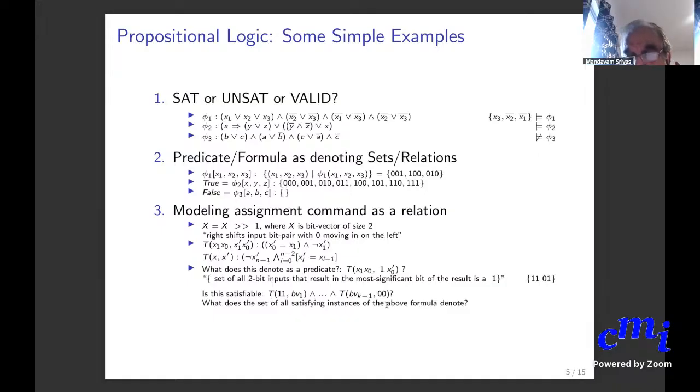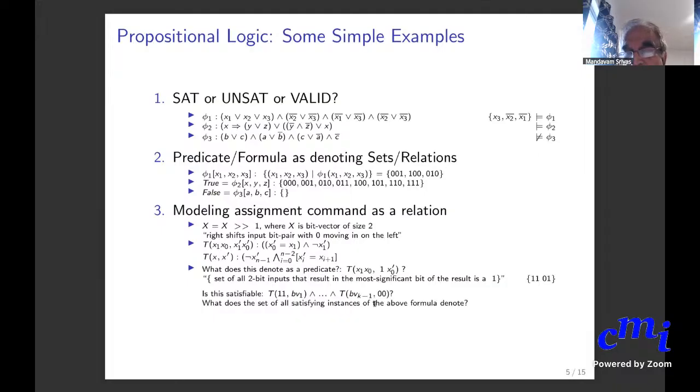Now, this is a formula. Let's suppose I instantiate K as 2. So I'm starting with T11 BV1 and T BV1 comma 0 0. Suppose K is equal to 2.